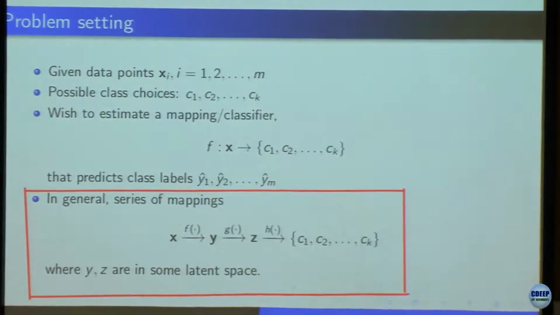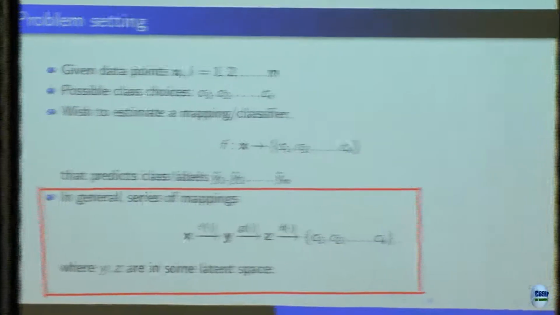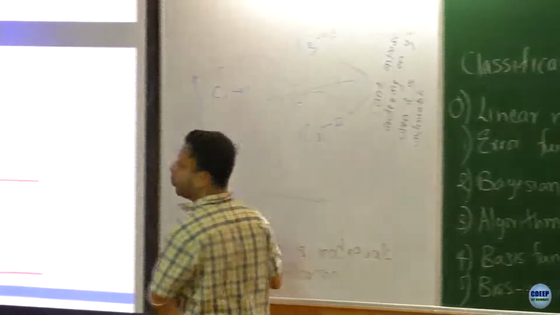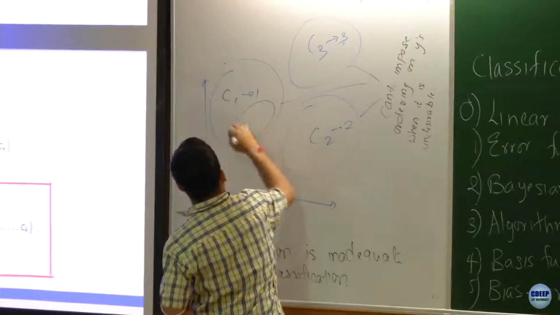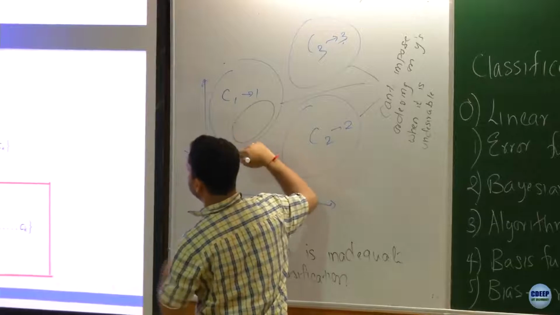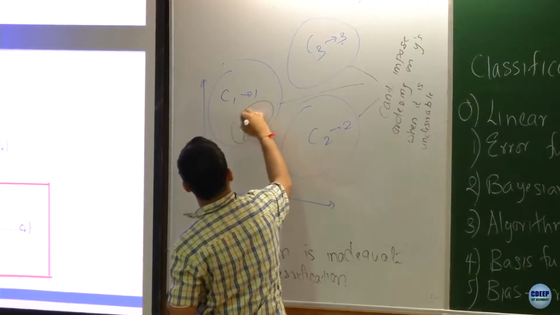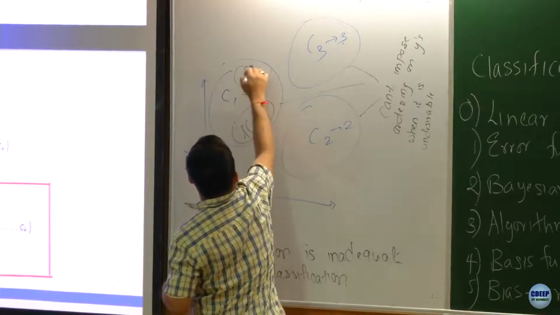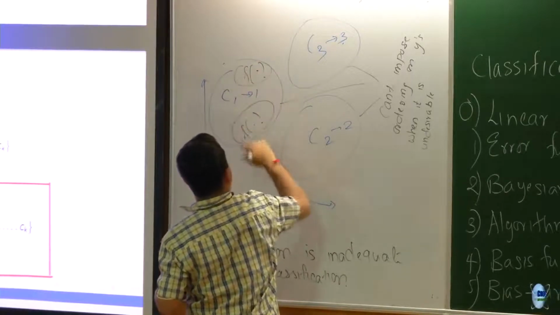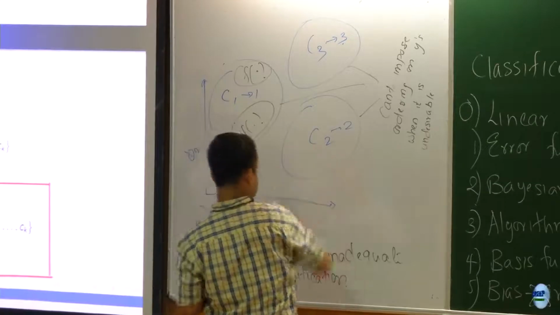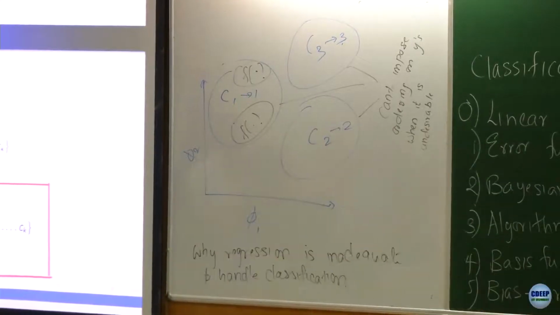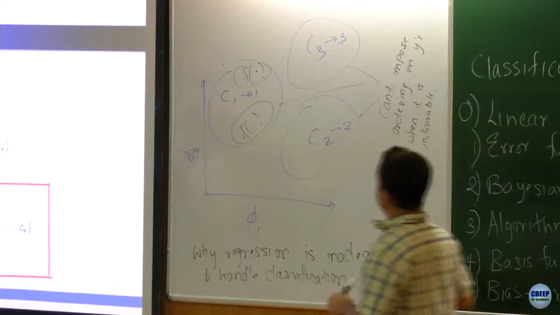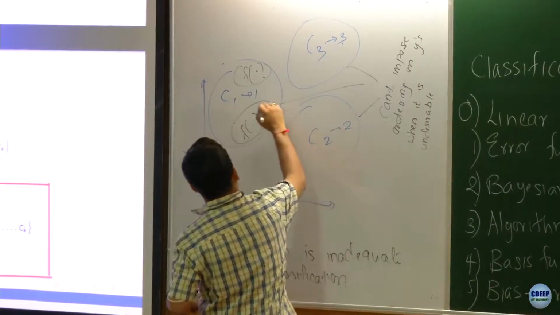So it is possible that within the C1 I have some intermediate representation by f, and within the f I have another intermediate representation g, or another mapping to another intermediate representation g. Okay.